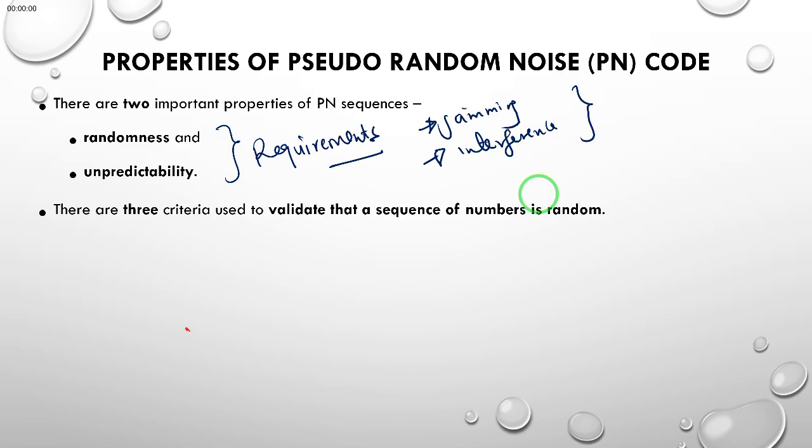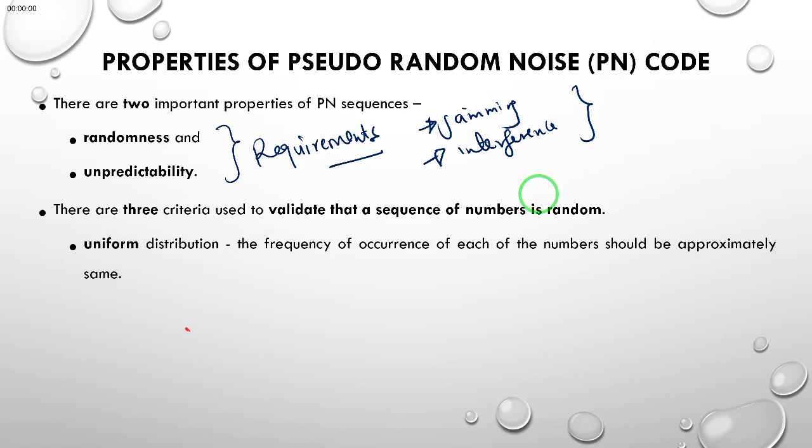To start with, there are three criteria that are used to validate that the sequence of random numbers, or rather the sequence of this PN code, is random. The first one is called uniform distribution, in which case the frequency of occurrence of zeros and ones, the digits in the PN code, which are always zeros and ones, should be approximately the same.